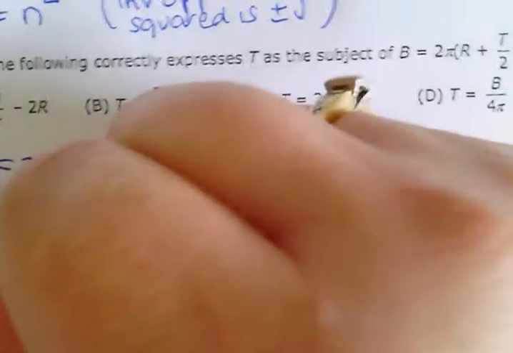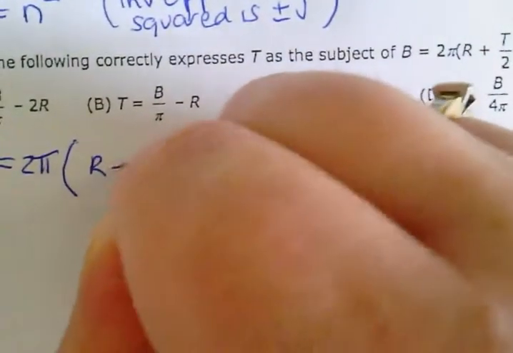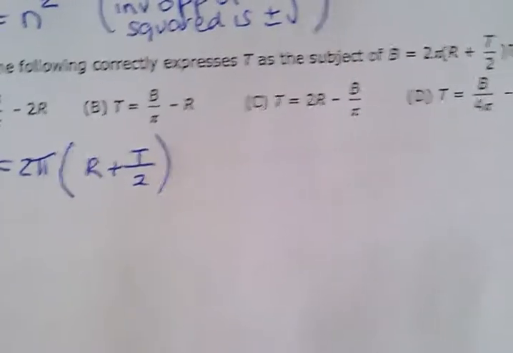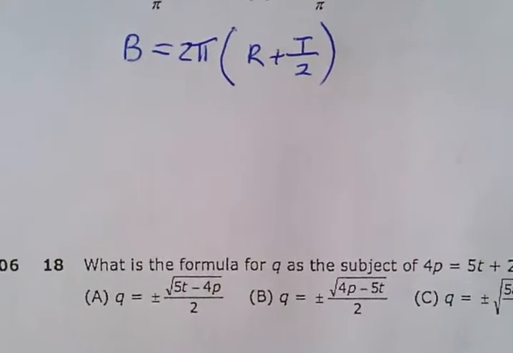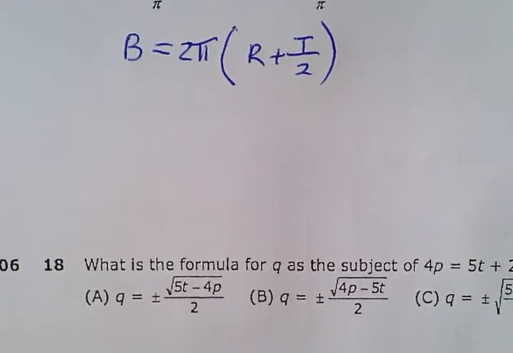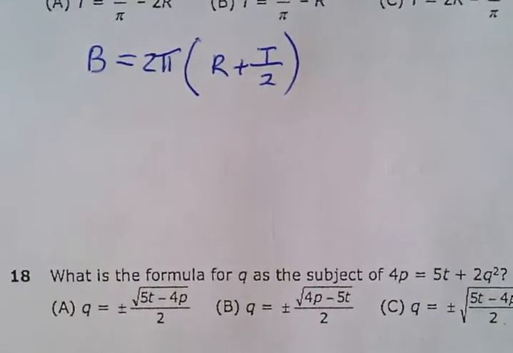I would divide by 2 pi in this case. I wouldn't expand it, otherwise you're not going to see one of those answers. So, can we divide by 2 pi first?